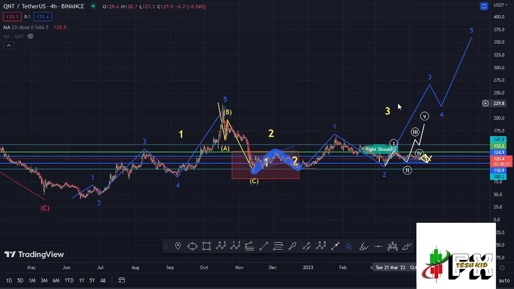And because of the impulsive nature in the formation of that wave 3, I'm also expecting to see a 5-wave structure in formation.